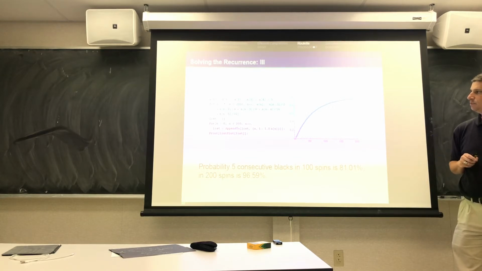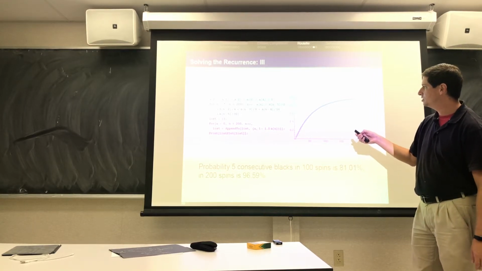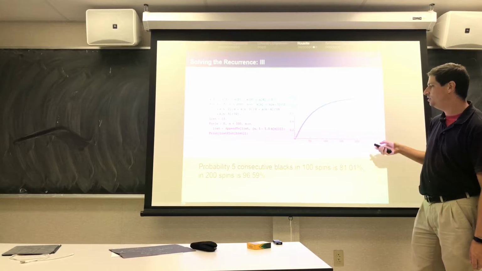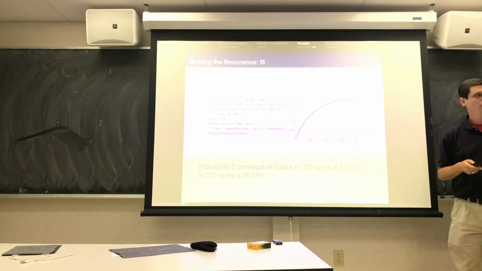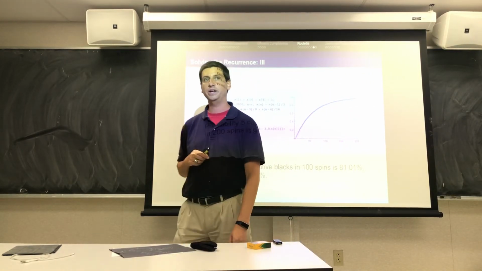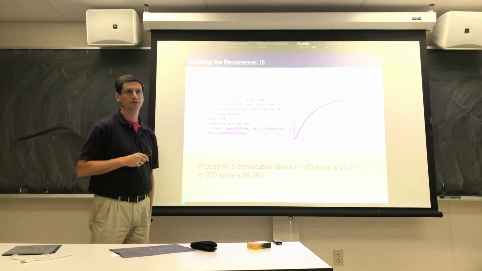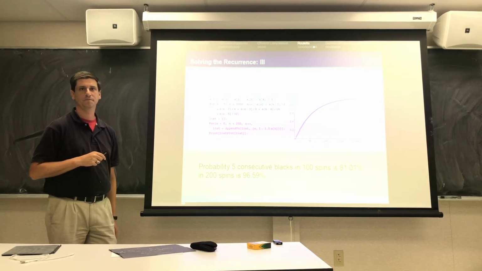This is the probability that you will not have 5 consecutive blacks in n tosses with a fair toss or a fair spin. And I said if you do it 100 times, it's going to be about 80%. At 200, it's 96.59%. So the probability that you have bad luck at some point is quite high the more times you do it. And this is why this is a horrible strategy.